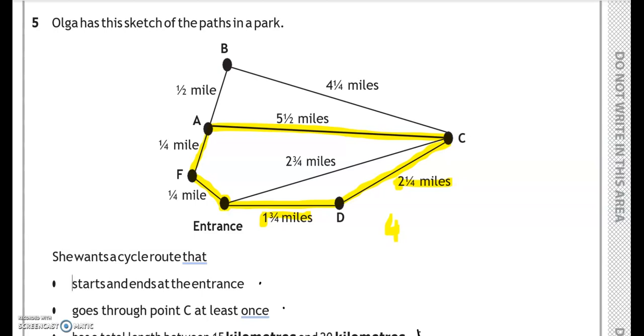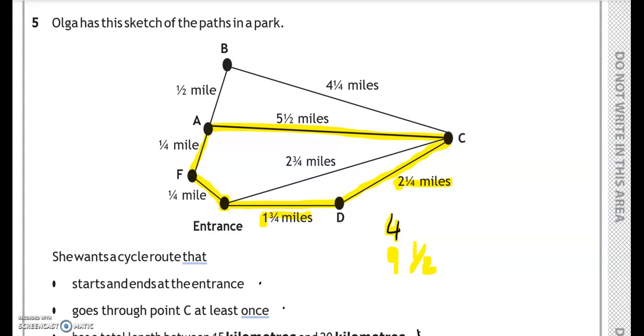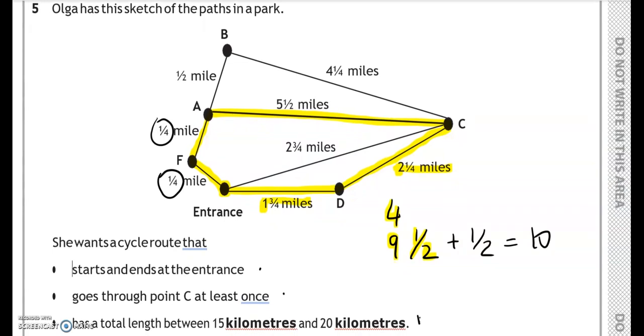And then we're going to have to add 5 to that, so it's going to make it 9.5. And we're going to add 1/4 and 1/4 makes a half, so add a half to this, it's going to make 10. So 10 miles in total, and that is between 9 and 12.